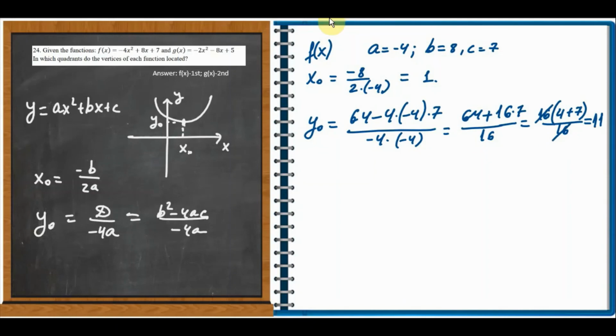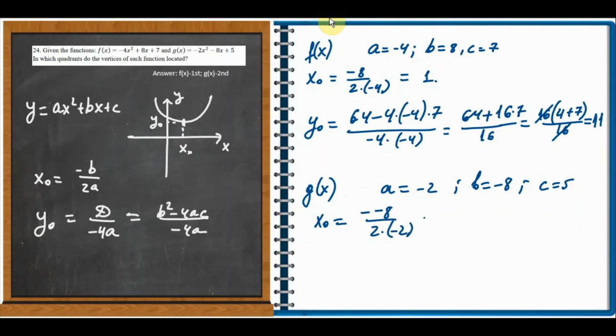Now for g(x), let's write the coefficients. a is negative 2, b is negative 8, and c is 5. So x0 is equal to negative b, which is negative 8, over 2 times negative 2, is equal to 8 over negative 4, it's negative 2.